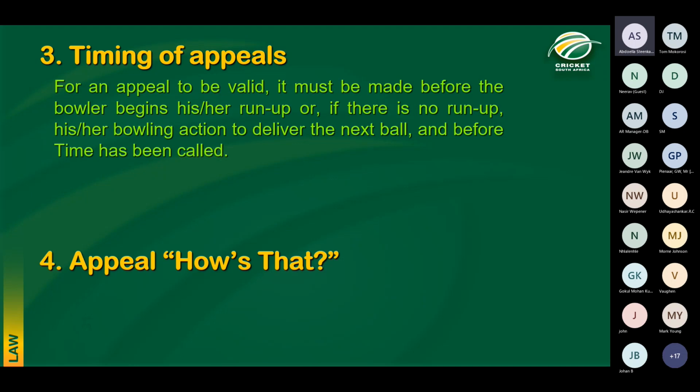So an appeal, to be valid, must be made before the start of the next delivery. Once that bowler takes his or her first step for that next delivery, the appeal of the previous ball is not valid anymore.